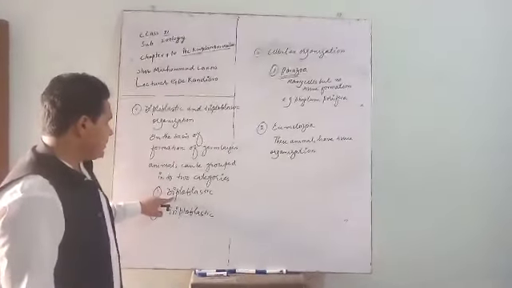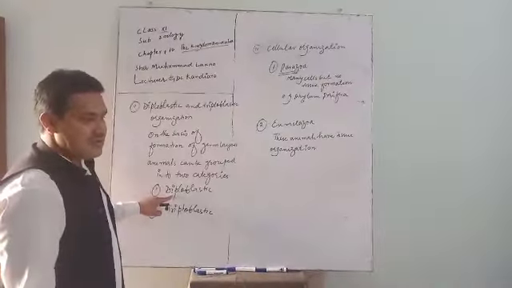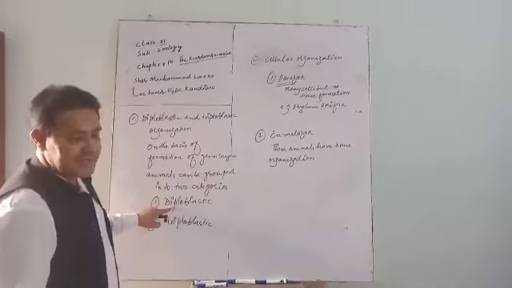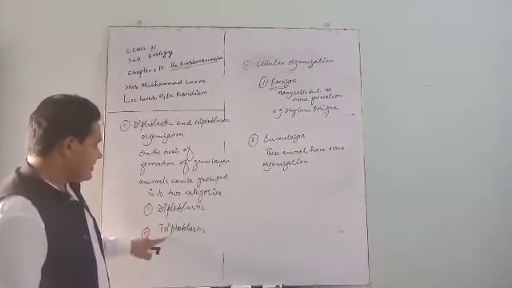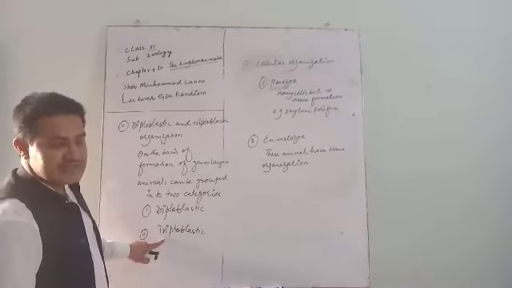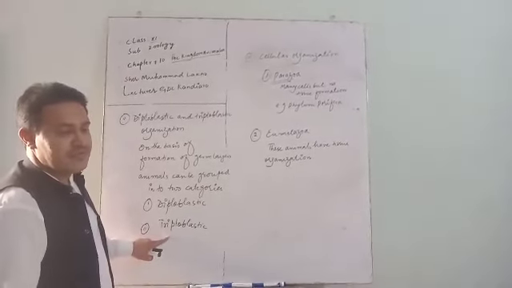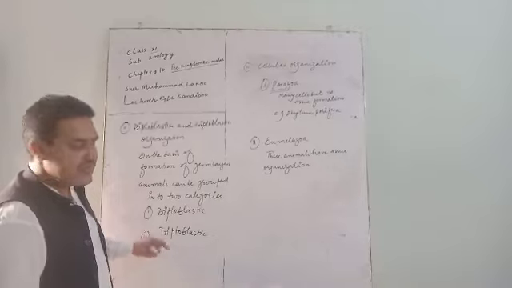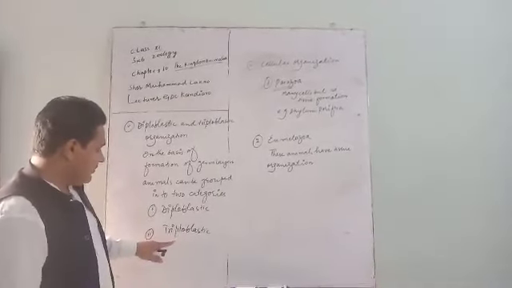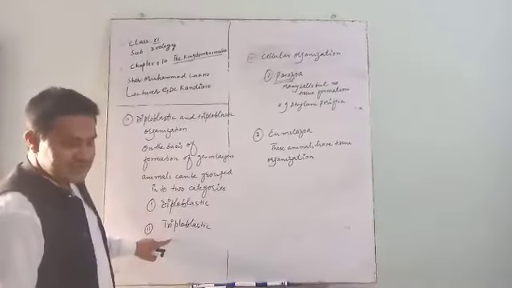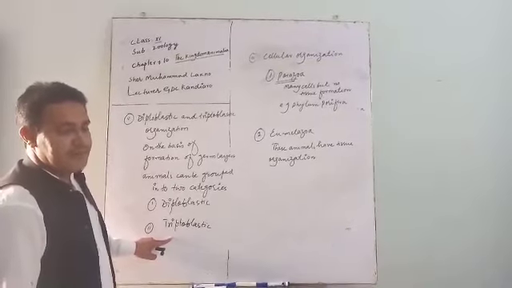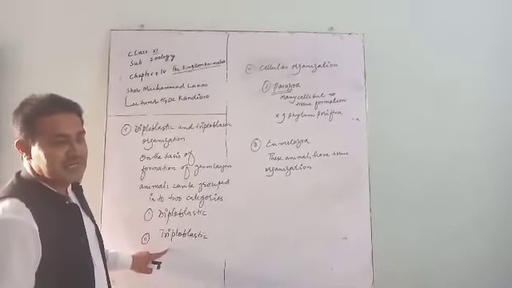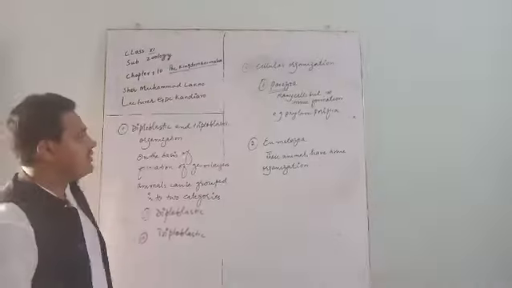An example of diploblastic is phylum Cnidaria. Triploblastic animals are those animals whose body is composed of three germ layers. Examples of this group are from phylum Platyhelminthes up to Chordata.